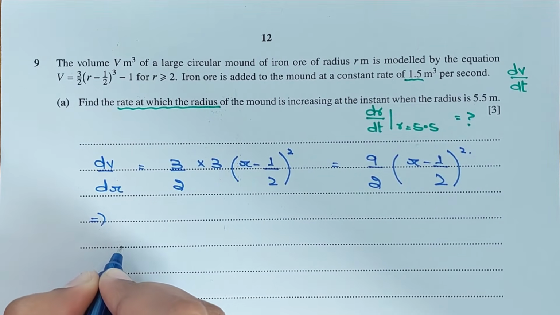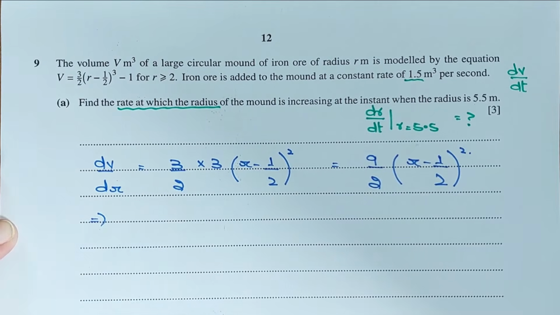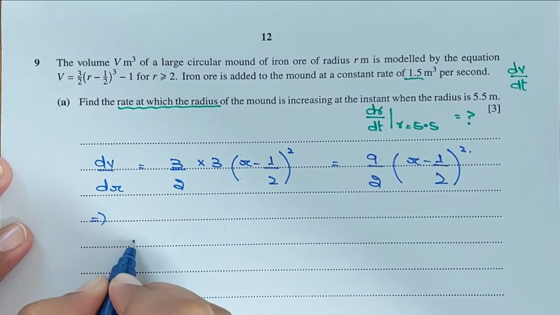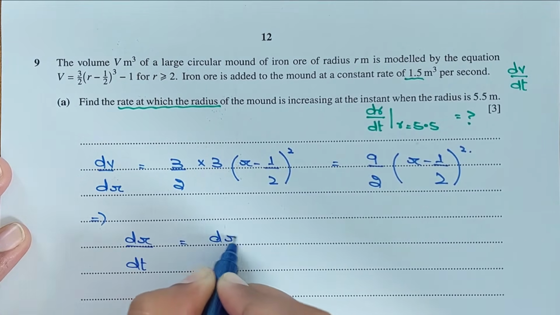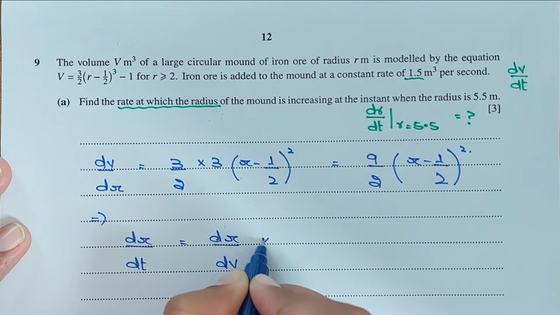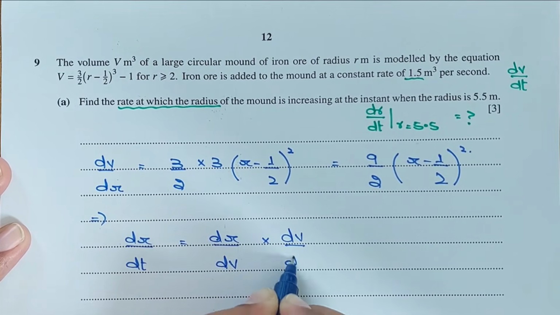We need to find dr over dt, and we have been given dV over dt. So dr over dt equals dr over dV into dV over dt.